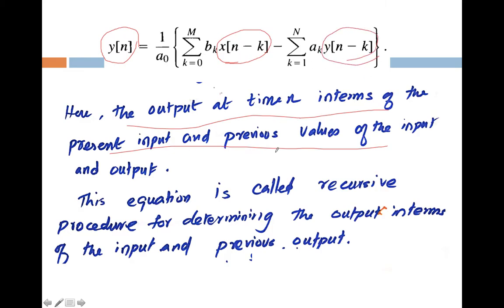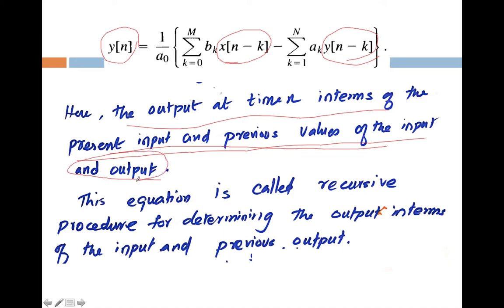If you come across this kind of equation, then the system is called a recursive system. A recursive system depends upon present input and past output, that is, present input and previous values of the input as well as previous values of the output.